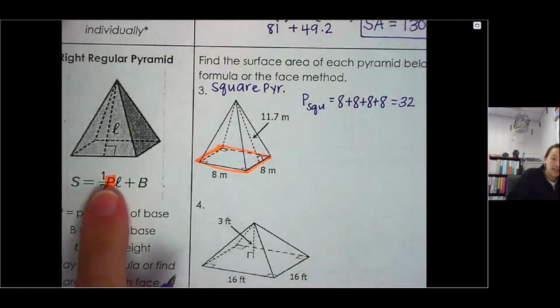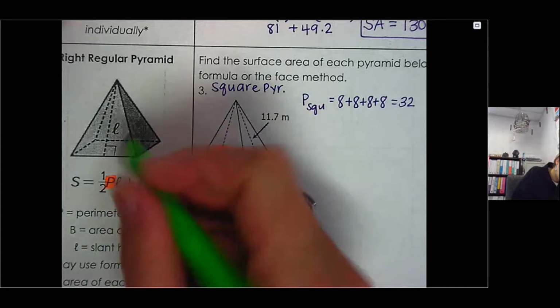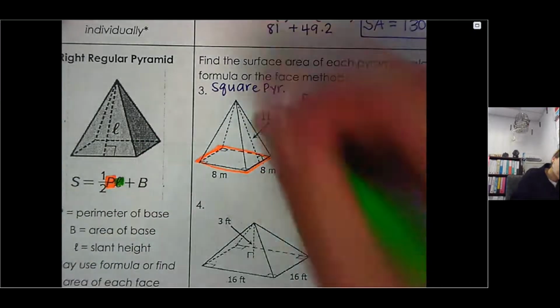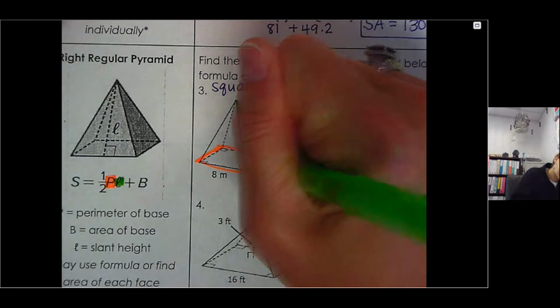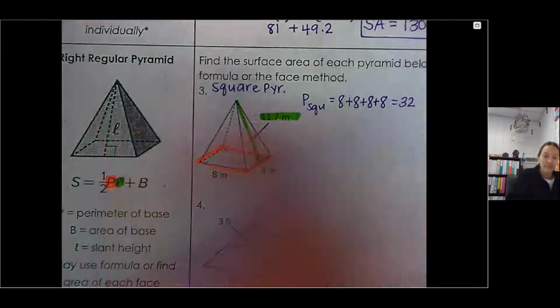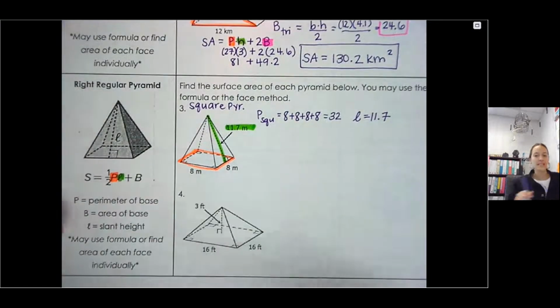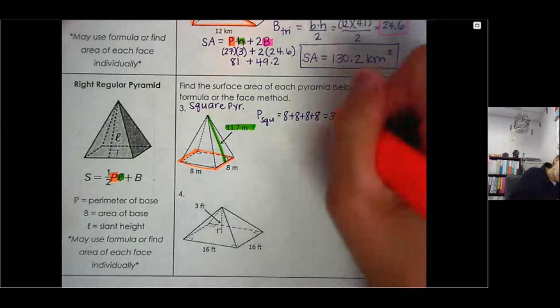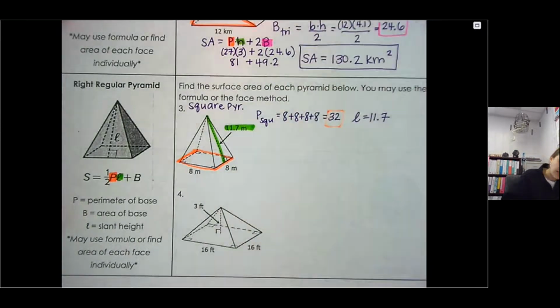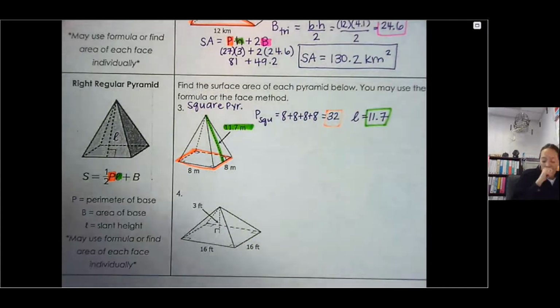So there's my P. My L is my slanted height. In my picture here, my slanted height is this one, which is 11.7. I've got my perimeter, I've got my slant height. Next thing I need is my big B, and remember, big B stands for area of the base.